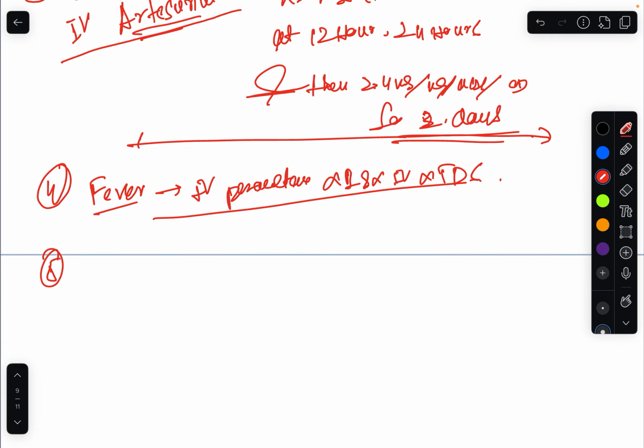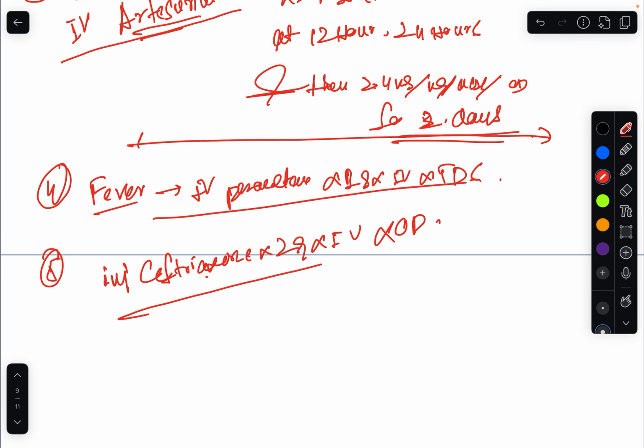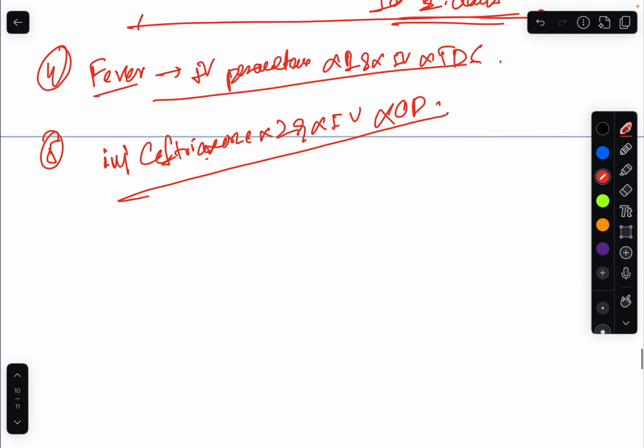Then number 5, we can give antibiotics if there is suspicion of secondary bacterial infection, like ceftriaxone 2 gram IV OD. In ICU there is risk of pressure ulcers and stress induced gastric ulcer, so we can give a gastroprotective like injection omeprazole 40 mg IV OD.